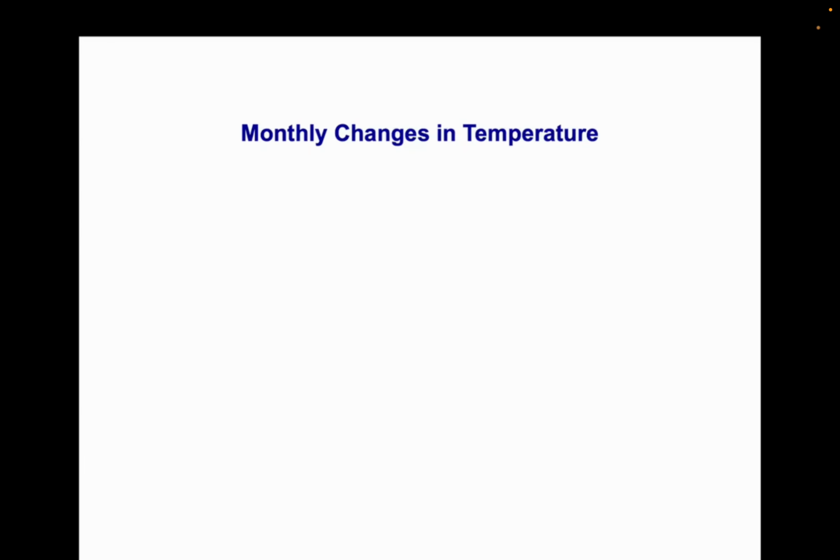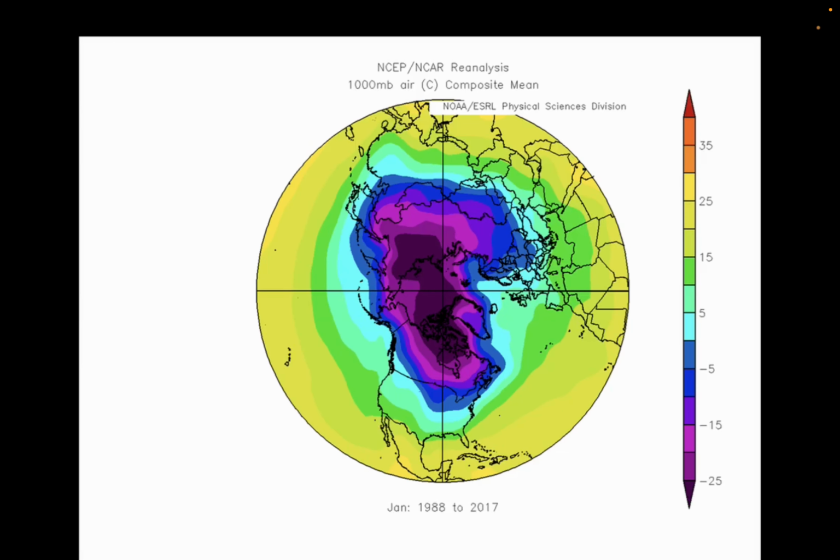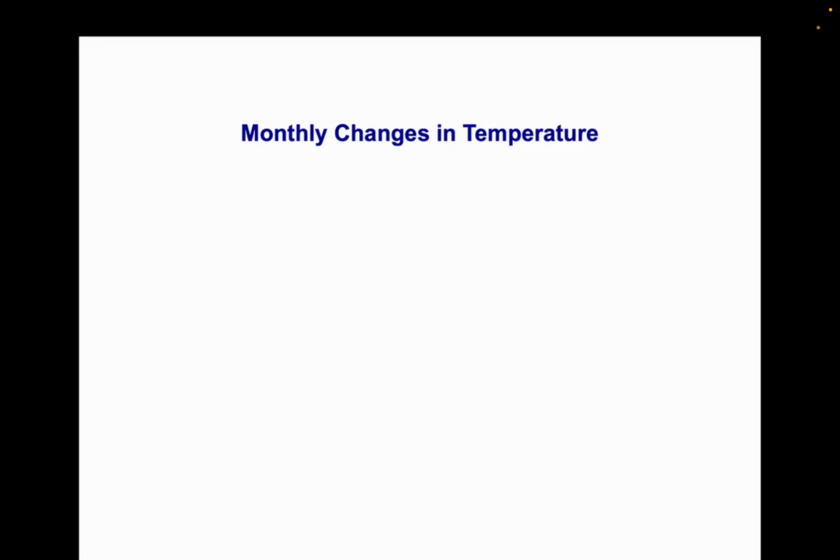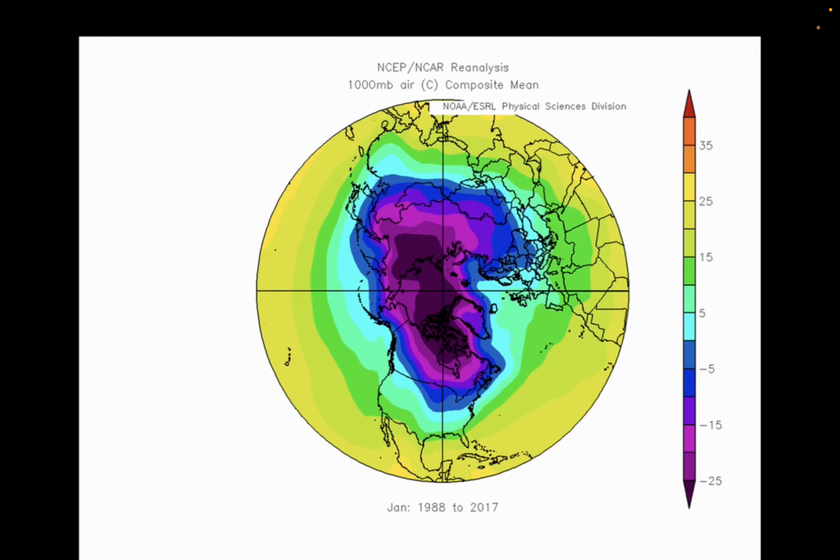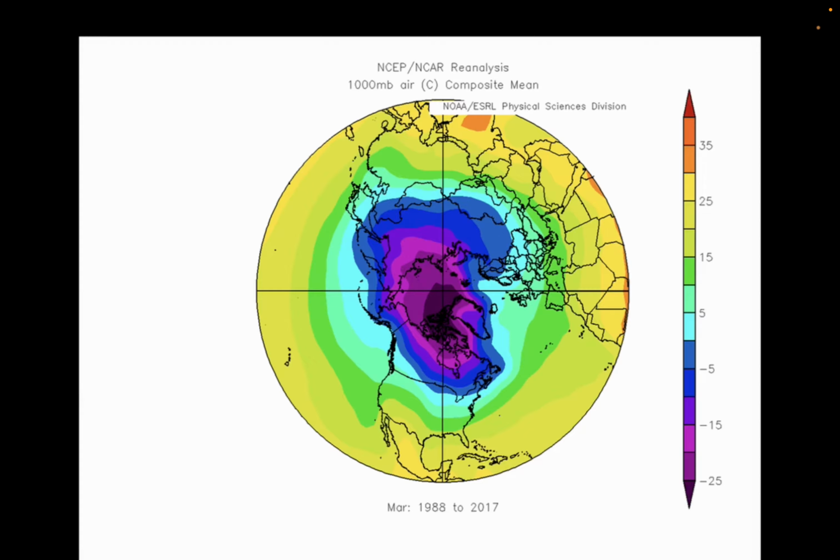And of course, the position of the front changes with the seasons, because we do have changes both in temperature and specific humidity throughout the year, right? So that boundary is always shifting throughout the seasons. If you look at monthly temperature change, it's significantly colder typically in January, and then it's always getting warmer.